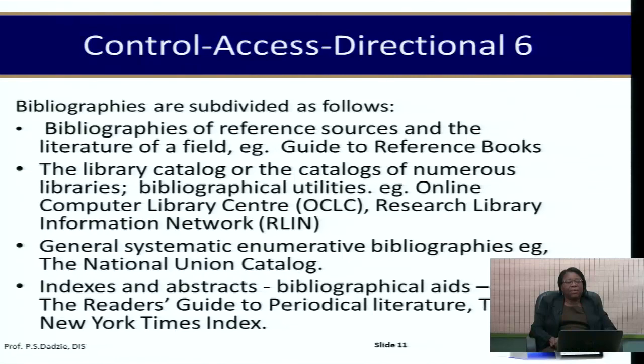Now, we also have what we call the bibliographical utilities. Examples are OCLC, which stands for the Online Computer Library Center, as well as the Research Library Information Network, which is also known as RLIN. We have another bibliography known as the National Union Catalog.